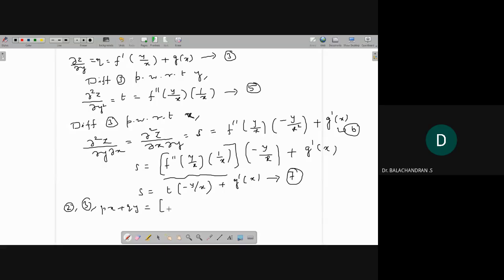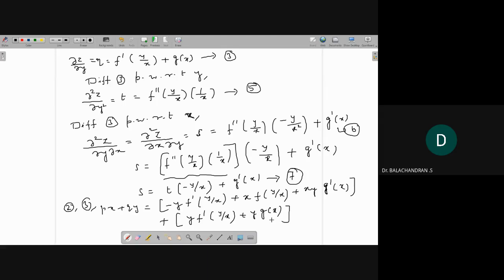Px minus y into f dash of y by x plus x into f of y by x plus xy into g dash of x. This is px plus qy, y into f dash of y by x plus y into g of x.